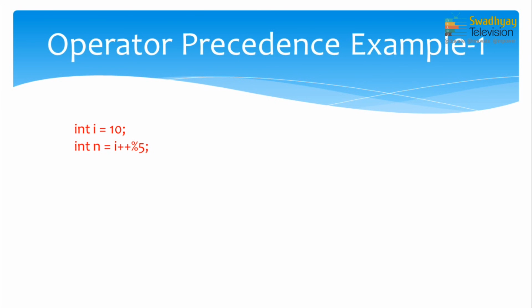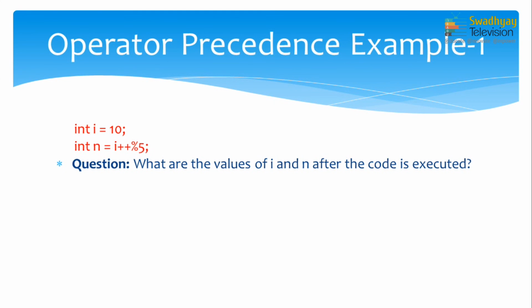So, we know that i++ will be evaluated first, and then we apply modulo 5. We want to know what the values of i and n are after the code is executed. You might think i will be set to 11 because we have incremented the value of i, but n is assigned 0.